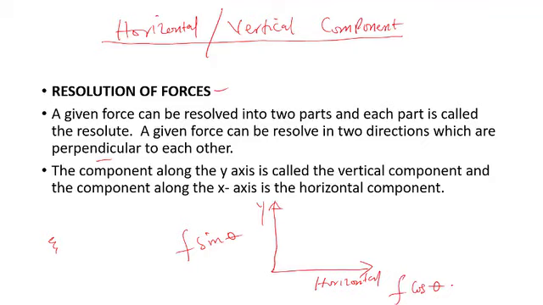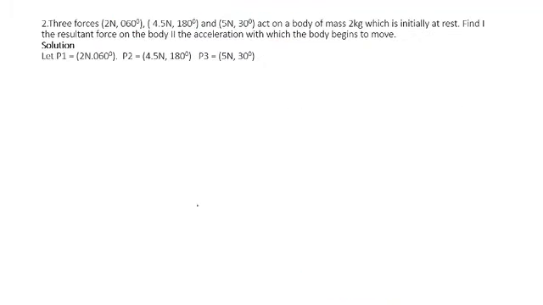Now after that, we generate our resultant, which is the force that acts as a unique component of the two forces. For example, take three forces. Now these are the three forces. We have this at 60 degrees. We have this at this point.